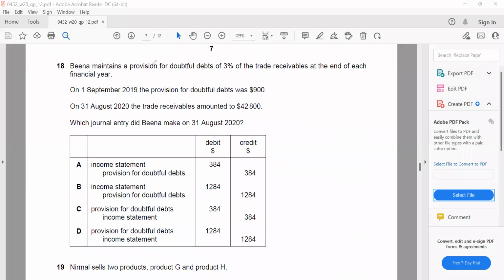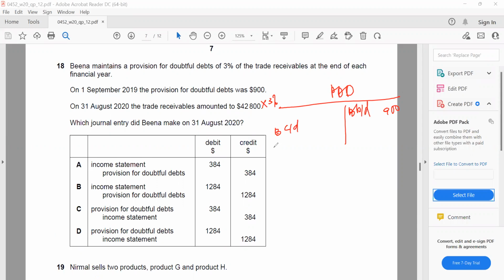We now maintain a provision for doubtful debt of 3% at the end of the year. So the beginning provision for doubtful debt is 900. So we open the T account, provision for doubtful debt. Balance brought down must be on the credit side for the provision, which is 900. And at the end of the year, trade receivable, we have to times 3%, we get the balance carried down.